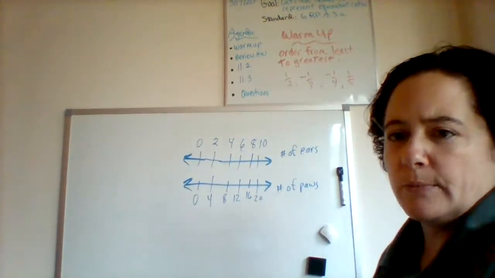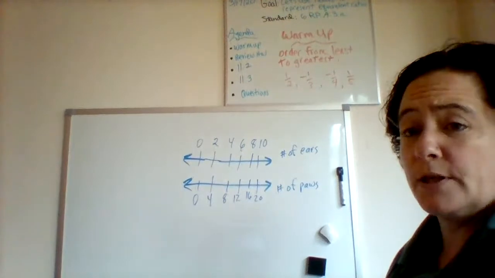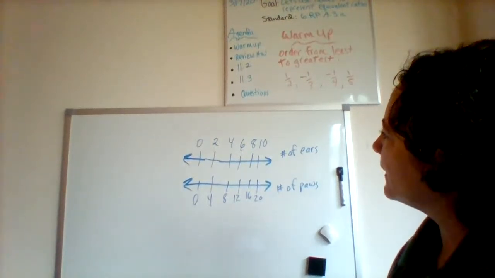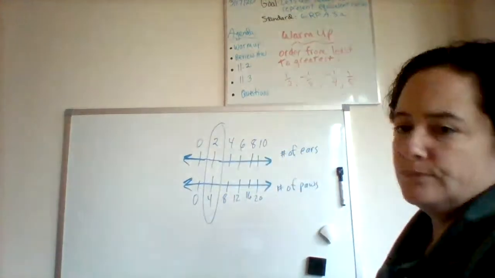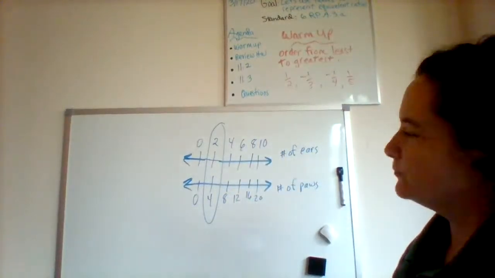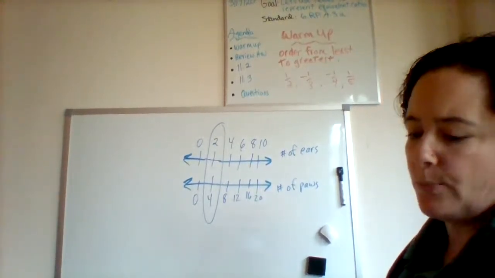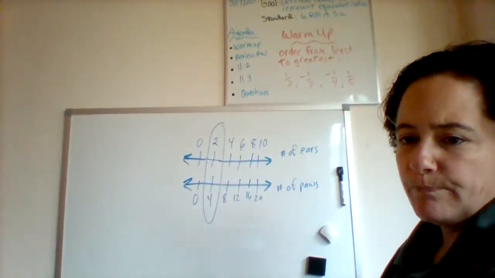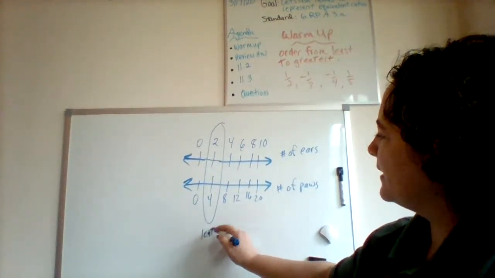Now, I want to point something out that maybe was not clear when they were asking you the questions. How many cats is right here? How many cats did I just circle? What does that match up with? How many cats? Just 1. Good job. So this one is 1 cat.